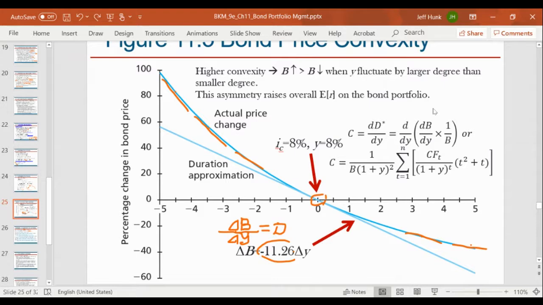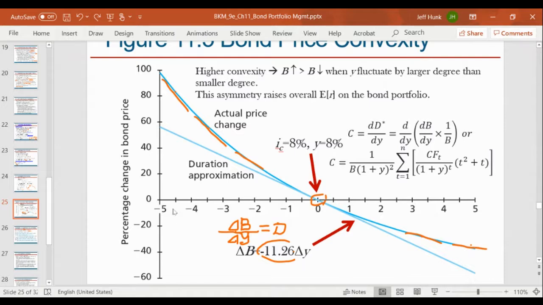In other words, it's not symmetrical, it's asymmetrical. When interest rate goes up, the bond price will go down, and when interest rate goes down, the bond price will go up.